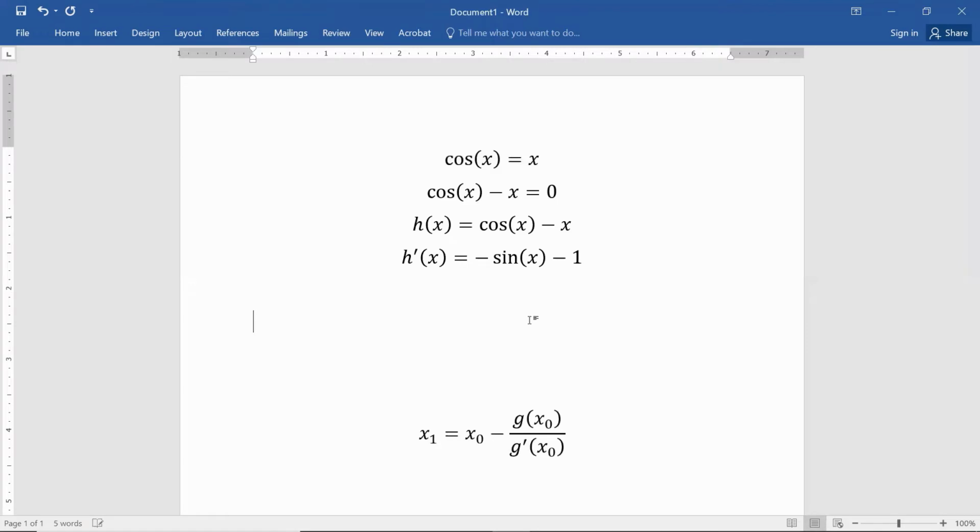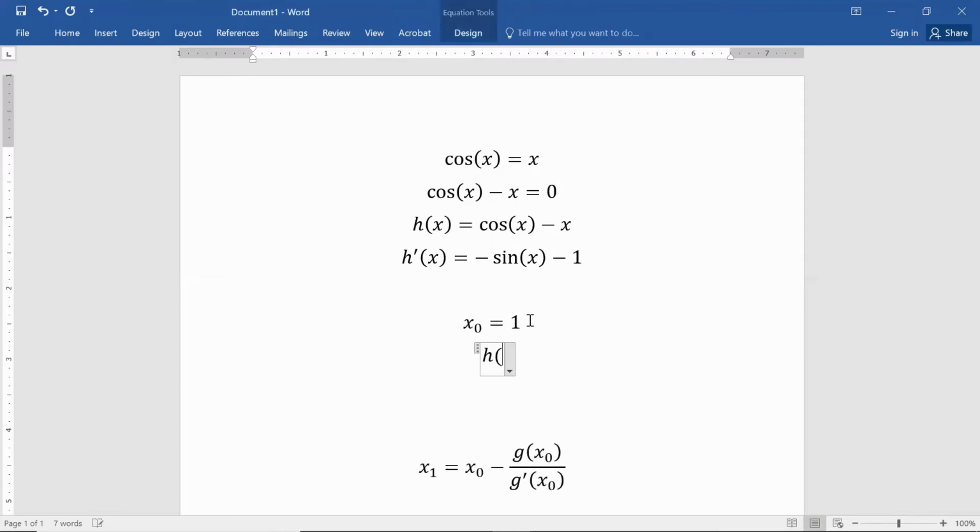My initial guess, the problem said, let it be 1. Let's plug in 1 into my function h. Again, make sure you're using radians as you are doing this, because if you're using degrees, you and I are going to get different answers.